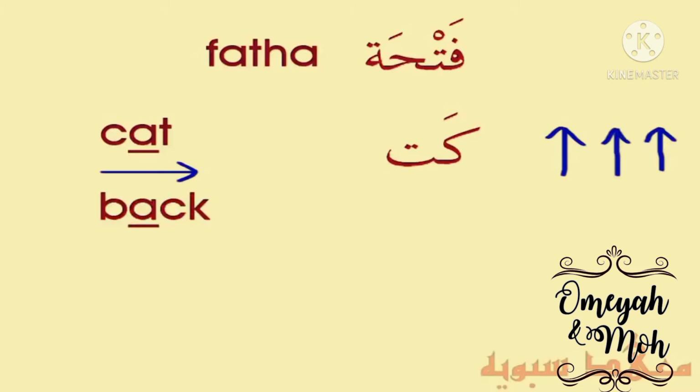Now, similarly, the word back, so it's the same sound, back. Now, just one thing to note is when we say this sound, you'll notice your mouth is open, wide.